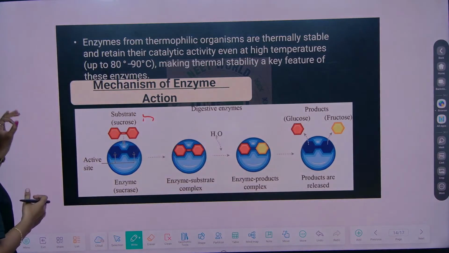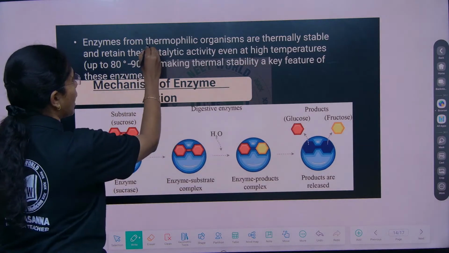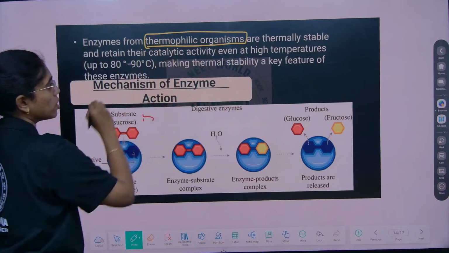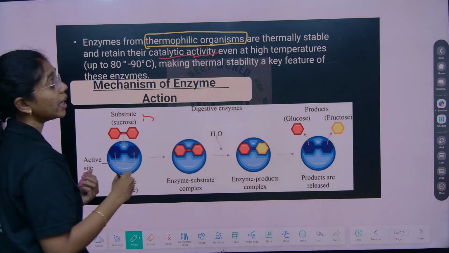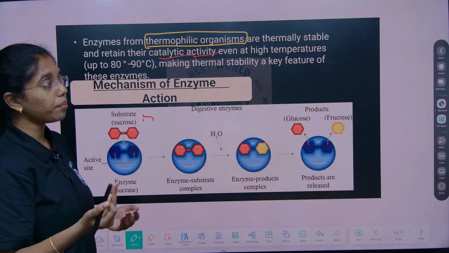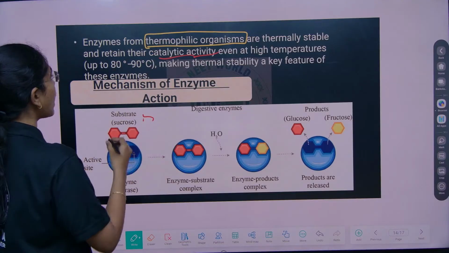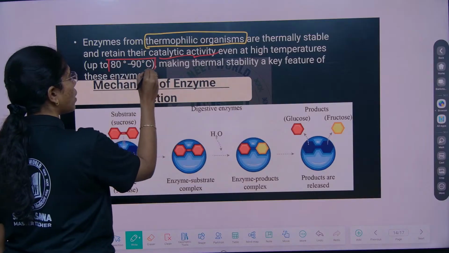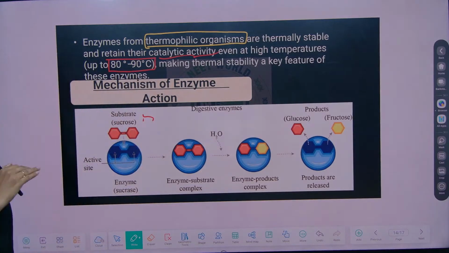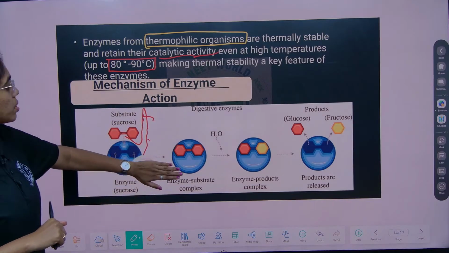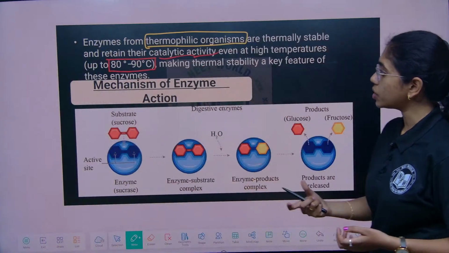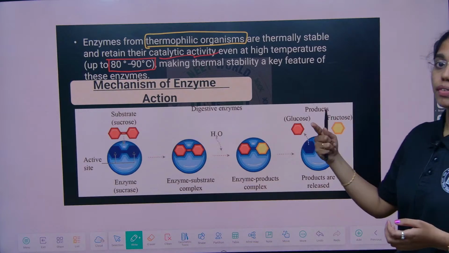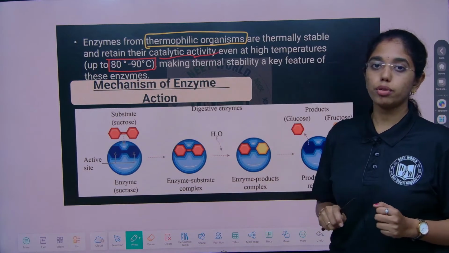Listen carefully. Enzymes from thermophilic organisms are thermally stable and they retain their catalytic activity even at high temperatures, that is, up to 80 to 90 degrees Celsius.